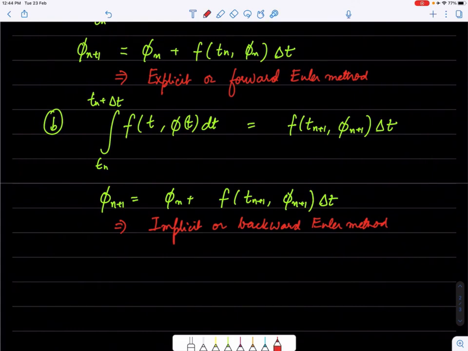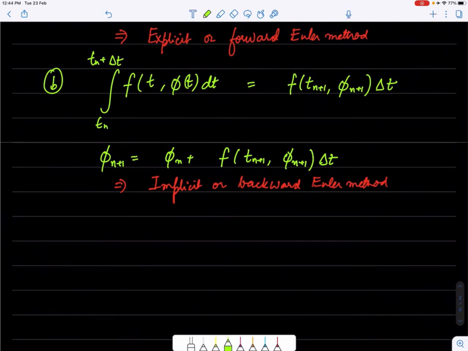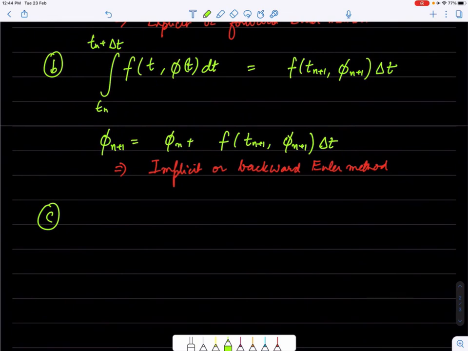Now before I comment on how easy or difficult these techniques are, let me also take two other options. The third option is that I could use the midpoint on the interval to calculate the derivative. So if I use the midpoint of the interval, remember the midpoint will be at time t_n plus half.